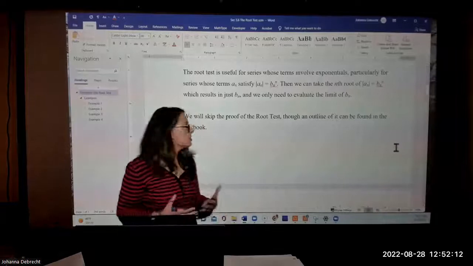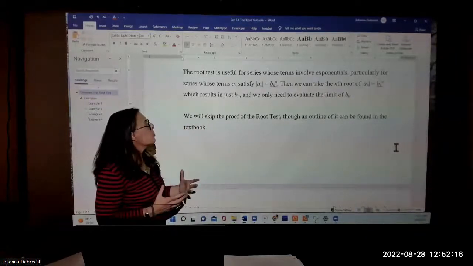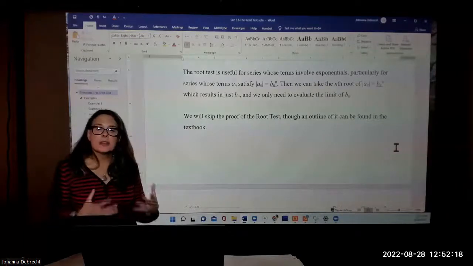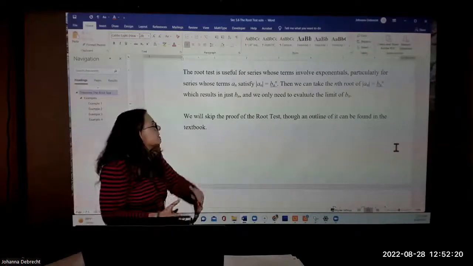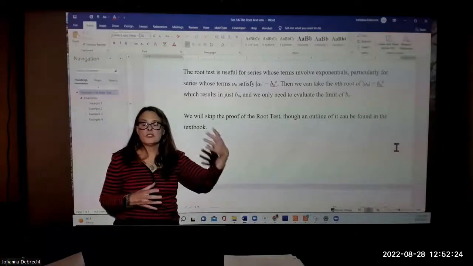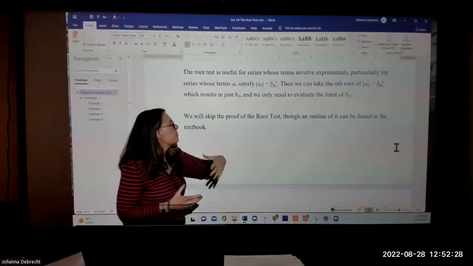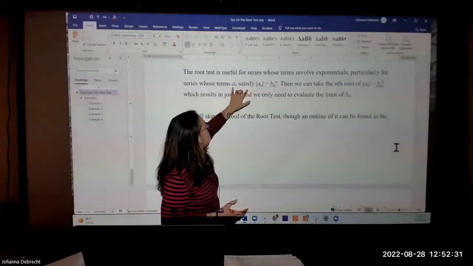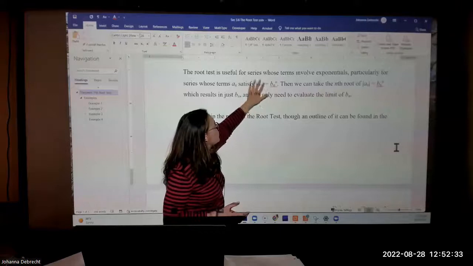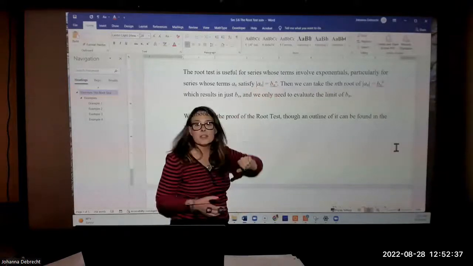So when do we want to use the root test? Well, like I said, we want ones where we have exponentials, the entire summand being raised to some power that depends on n, to the 2n power, the n plus 1, n minus 1, even n squared power. That means that the absolute value of our a sub n is some kind of sequence being raised to the nth power.